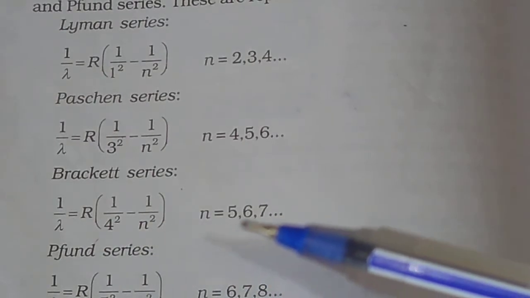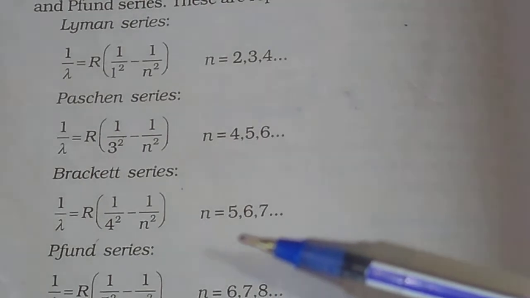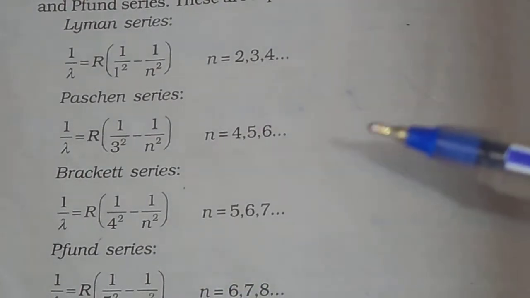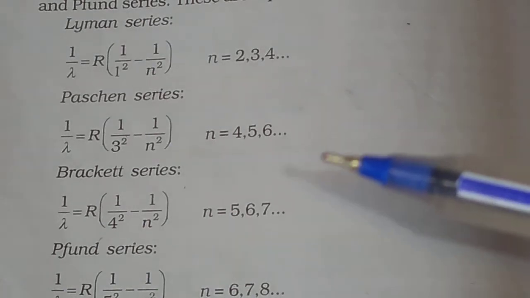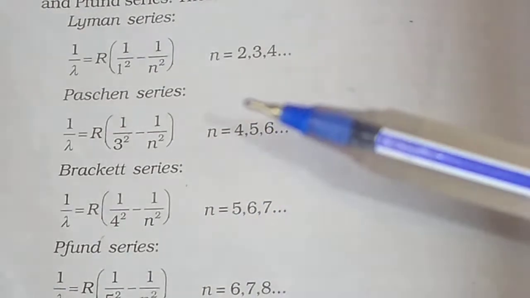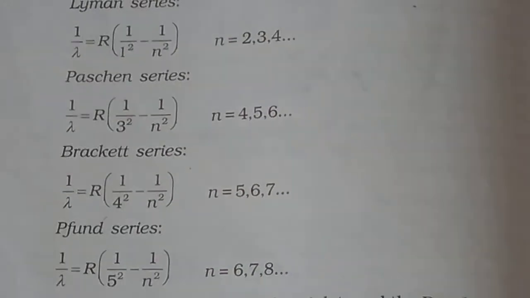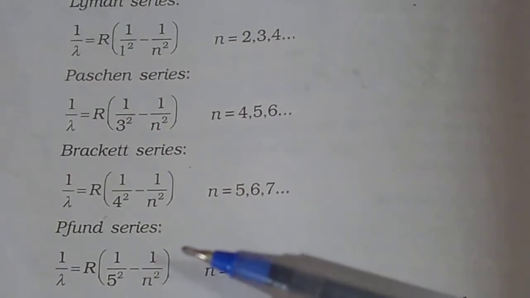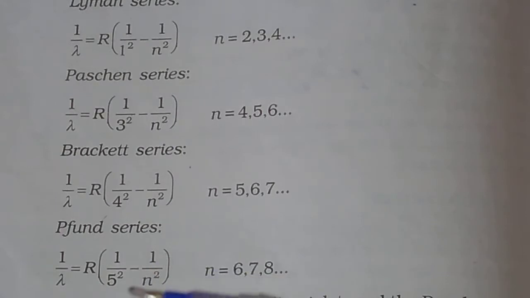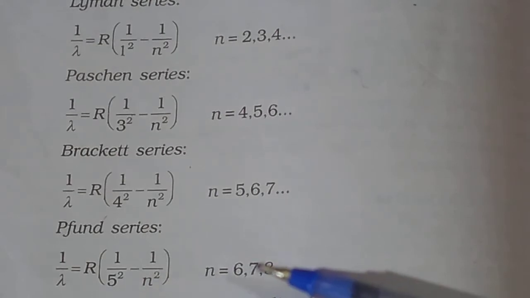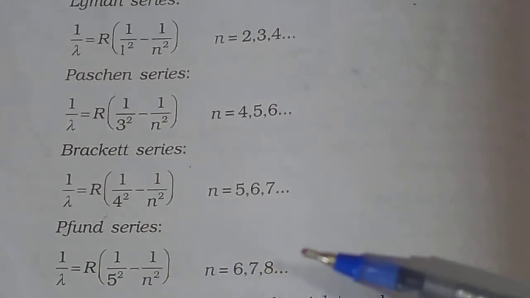Here you put n equal to 5, 6, 7, like this. The Brackett series is also in the infrared region. Both the Paschen and Brackett series are in the infrared region. And for the Pfund series, you use the empirical relation 1 by lambda is equal to R into 1 by 5 square minus 1 by n square. Here you put n equal to 6, 7, 8, like this.